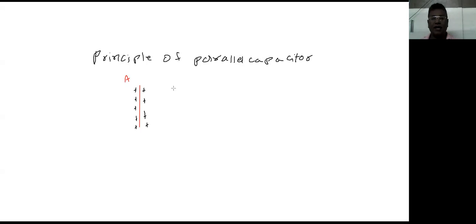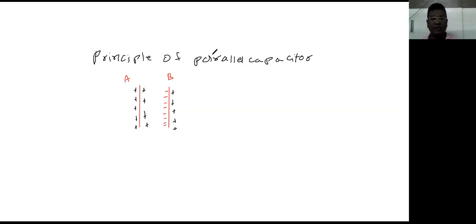B is neutral. Because of induction due to A, the charges get redistributed on B. That is, negative charge will come on one side and positive charge will go on the other side. I hope you are understanding. This happens by induction. Induction is a process of redistribution of charges.